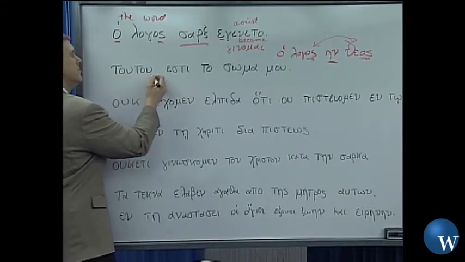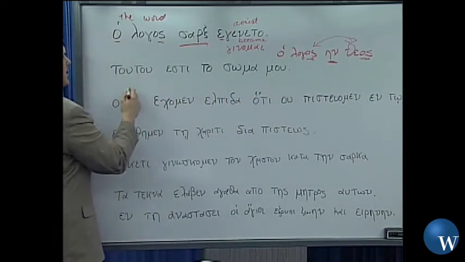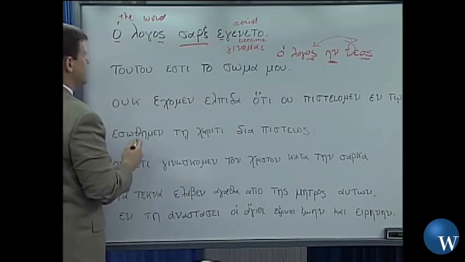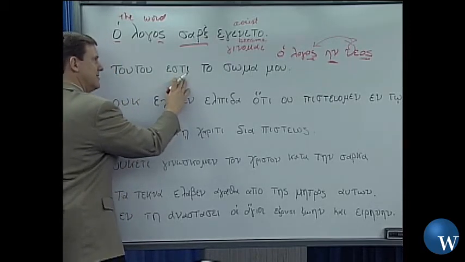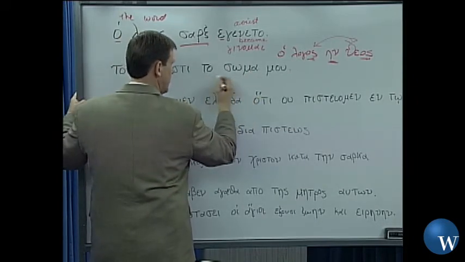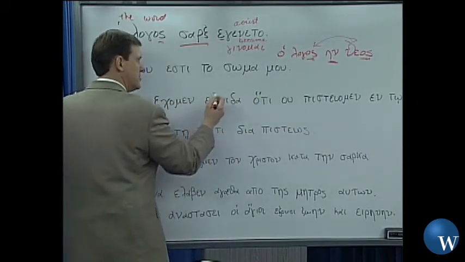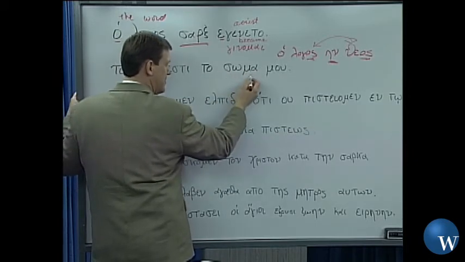All right, tutu, esti, ta, soma, mu. Okay, tutu, that's our demonstrative pronoun. This is, right, there's our to be verb, esti, and then you have ta, soma, mu. Now here is our lesson from this particular chapter. Soma is the third declension noun, all right? You come on and you go, well, ma, what is that?